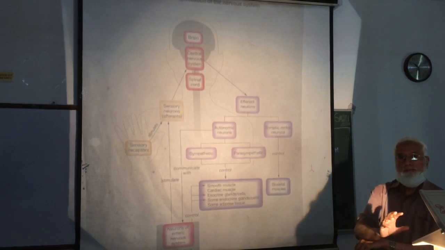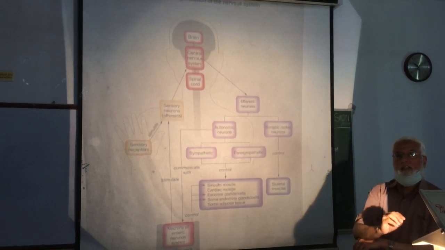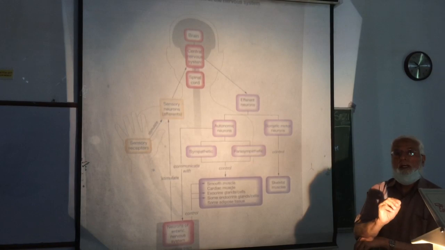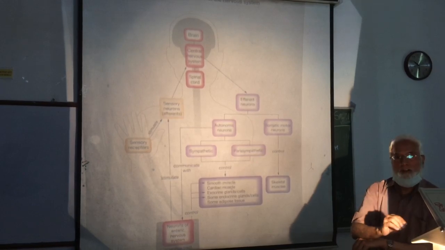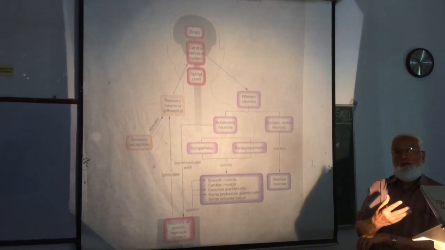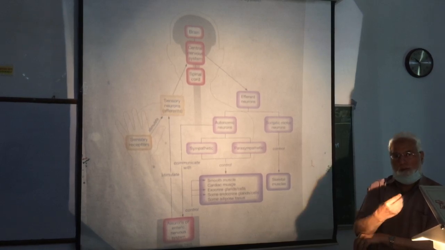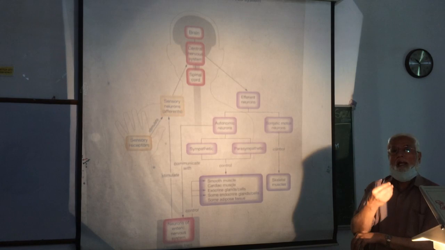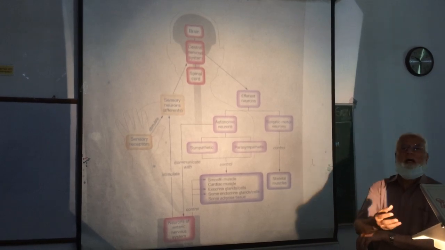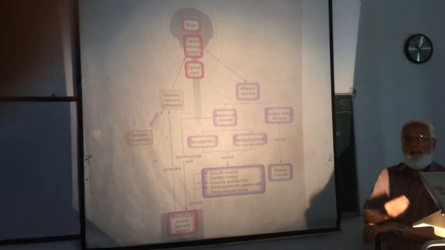Autonomic nervous system supplies the involuntary effectors like smooth muscle, cardiac muscle, and glands. These are supplied by the autonomic nervous system.